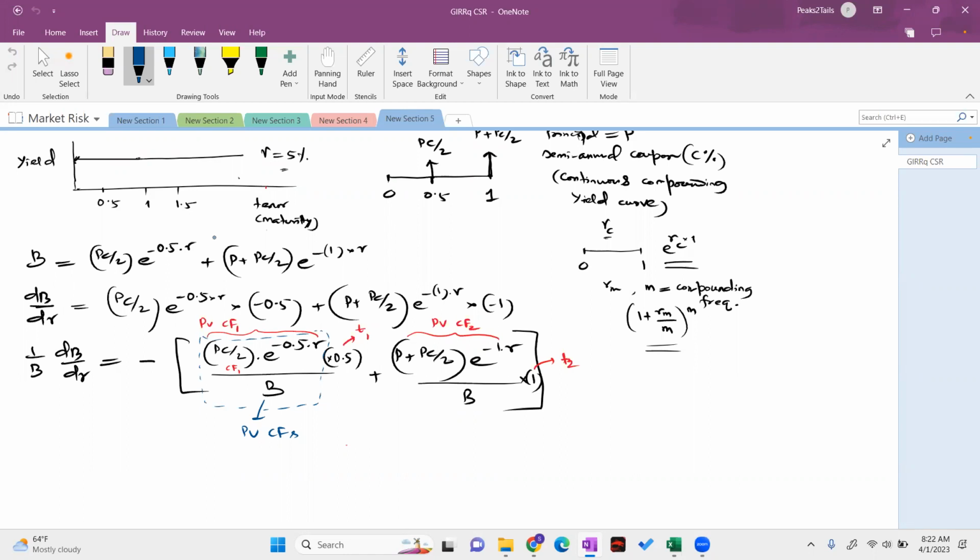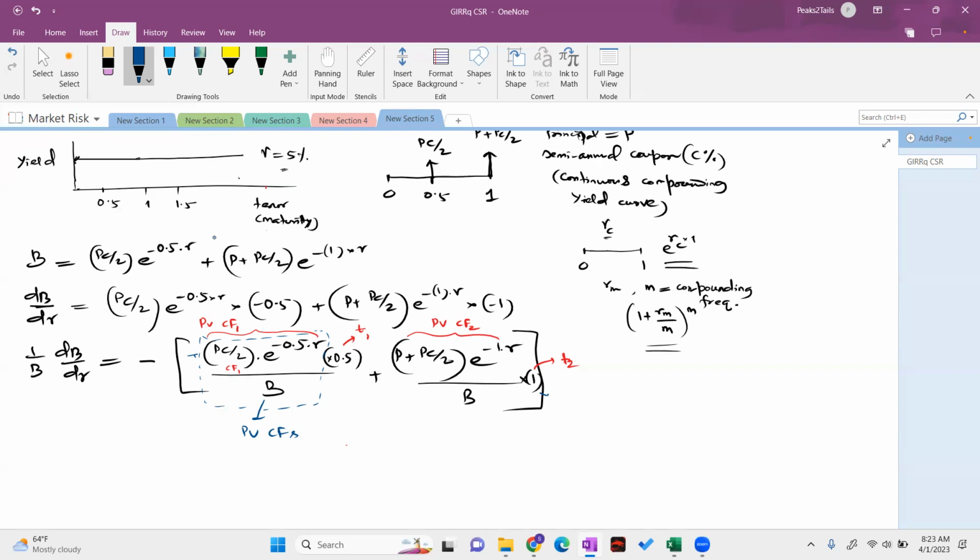The weights are the PV of the cash flow you're getting at that time, divided by total PV. Ultimately, all these PVs will add up to B, the value of the bond. So the weight for the first time is the PV of cash flow 1 divided by bond price. The second one is PV of cash flow 2 divided by bond price. That's the weight times the actual time when the cash flow is happening. The weighted average of time.